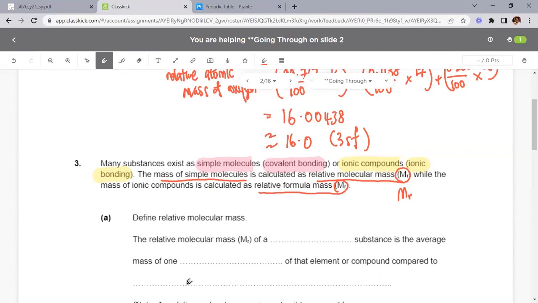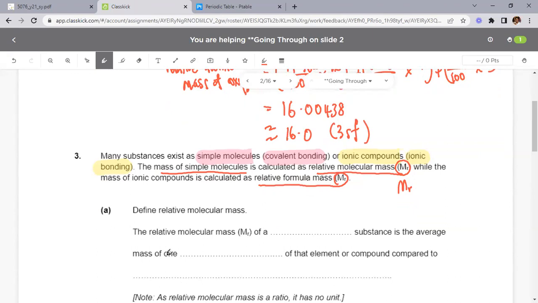So question, what is relative molecular mass? How come I have another definition I must remember again? Okay, so take note. Relative molecular mass of a what substance? Because it's a relative molecular mass, so this is what kind of substance? Of a molecular substance.